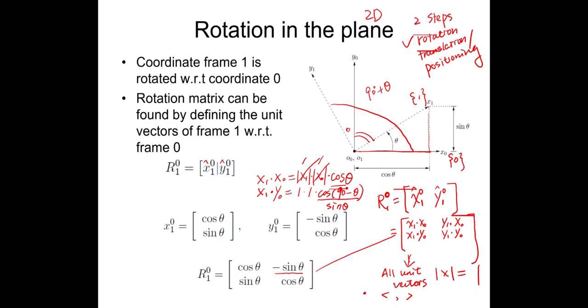So that is x projected to x0, y0, and y projected to x0, y0. So by definition we have these 4 dot products. This is 2D, so we have x and y, that is 2 times 2. If it is 3D, it is going to be 9 terms, so 3 times 3.